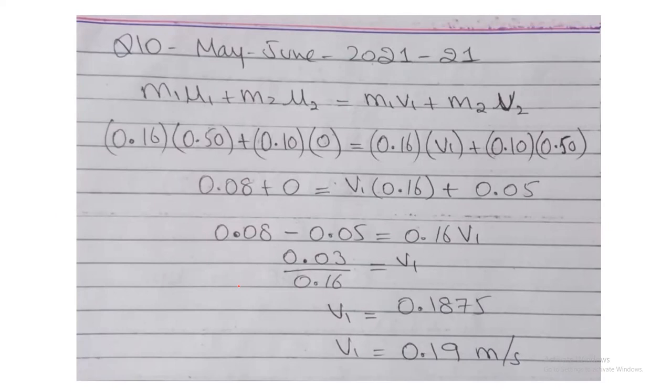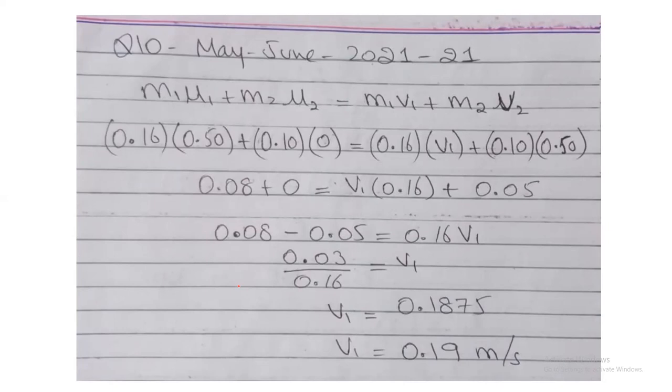It will be 0.16 into 0.50 plus 0.10 into 0 equals 0.16 into V1 plus 0.10 into 0.50. So it will be 0.08 plus 0 equals V1 into 0.16 plus 0.05. So you will have 0.08 minus 0.05 equals 0.16 V1.